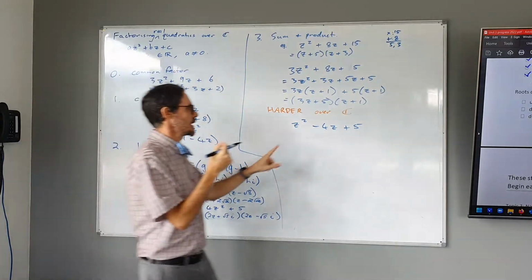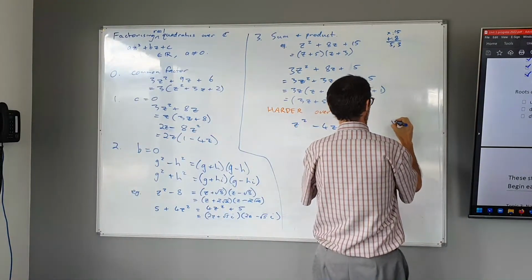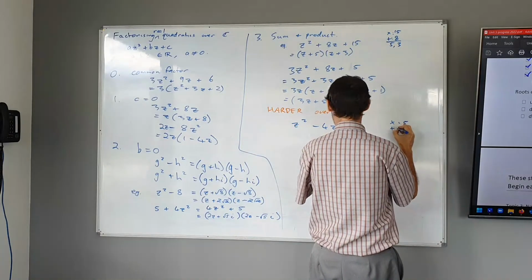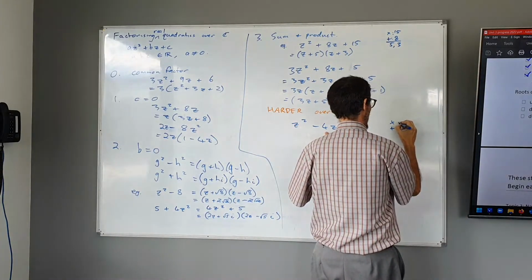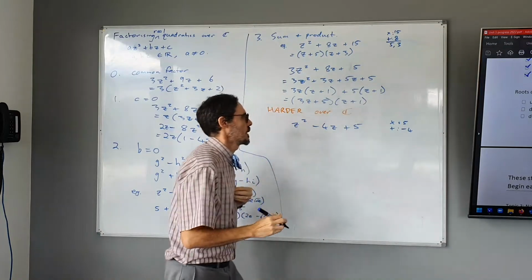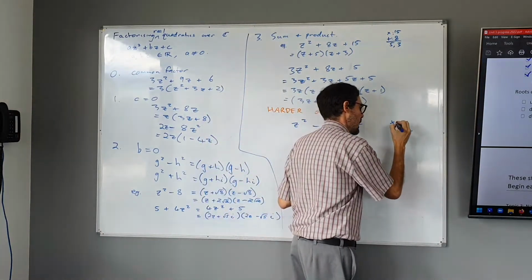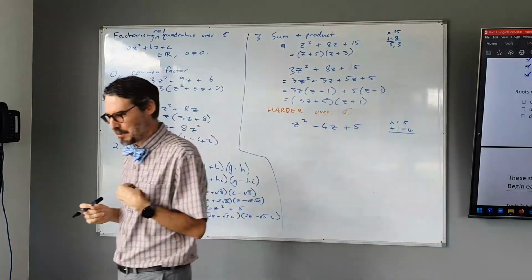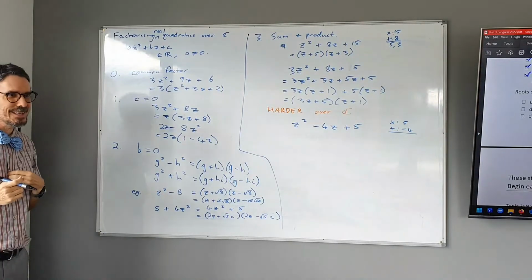So you go, I want two numbers that multiply to 5 and add to negative 4. Can you think of two numbers that multiply to 5 but add to negative 4?